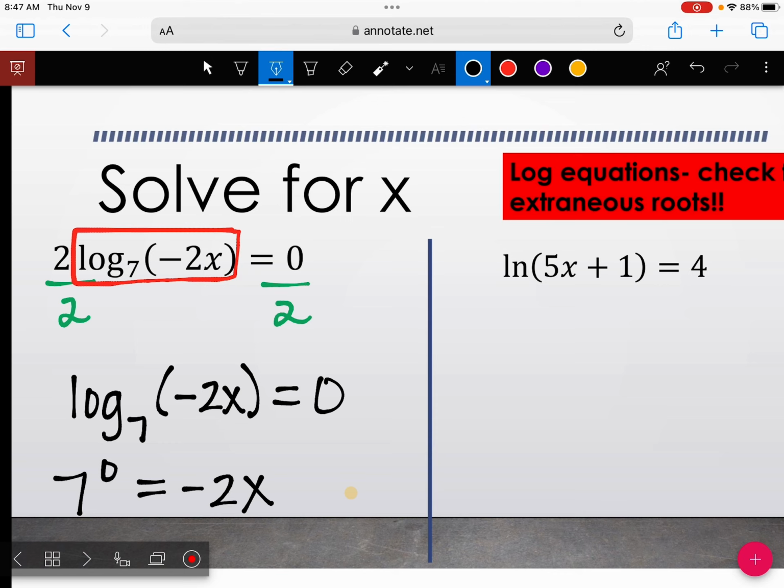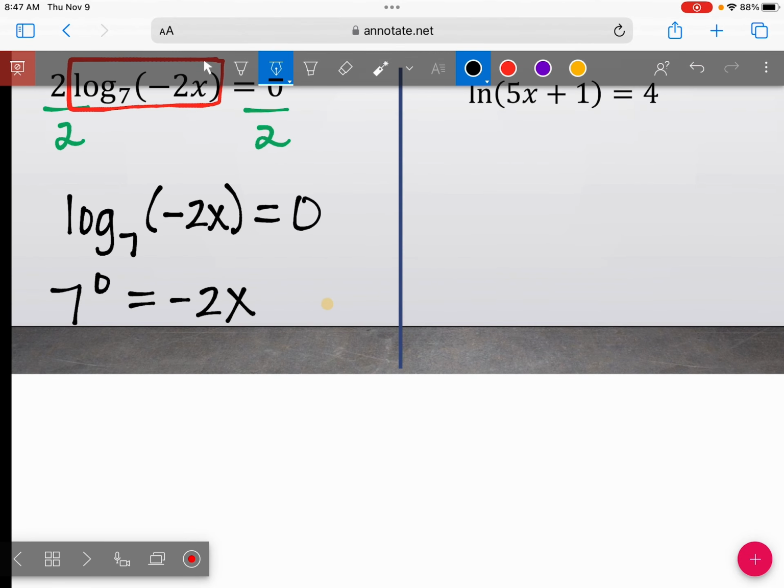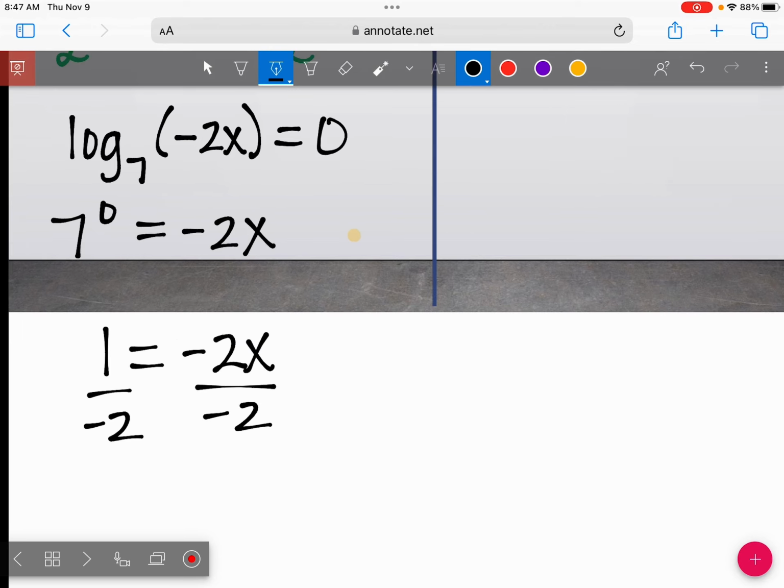Anything to the power of 0 is 1. So 1 equals negative 2x. Divide both sides by negative 2. And we get x equals negative 1/2.